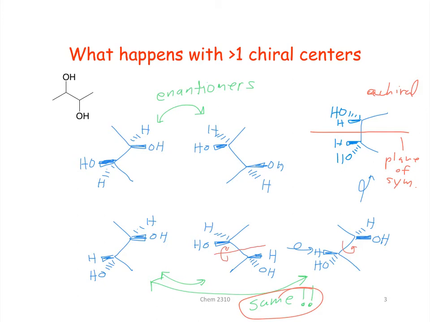Okay? This situation here, where we have a molecule that has more than one chiral center, but it's achiral, this has a certain name. So, a molecule with greater than one chiral center that is, oops, I'm going to run out of space here.